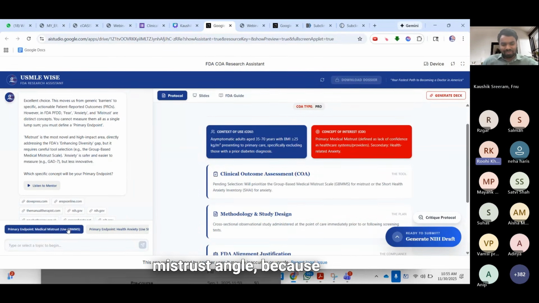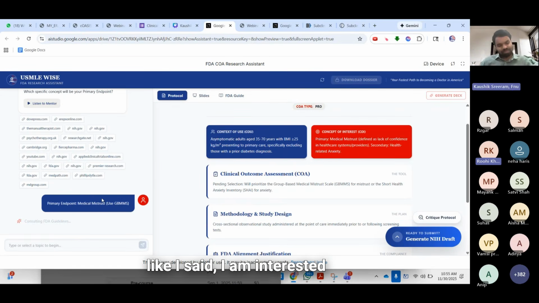I'd rather go with the mistrust angle because, like I said, I am interested in general medicine along with psychiatry, and it really explores how we as clinicians tend to sometimes, in the larger interest of looking at medicine as a series of data points, ignore and not pay attention to patients and what they're feeling. Sometimes we can dismiss them as hysterical and things like that.